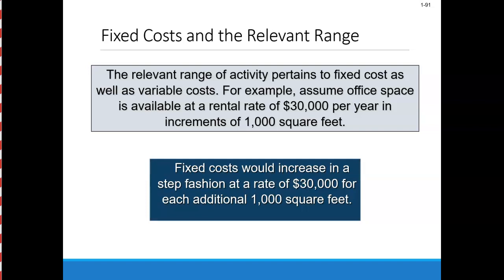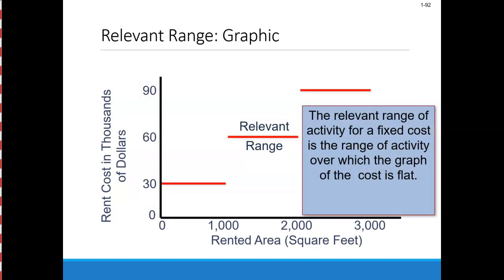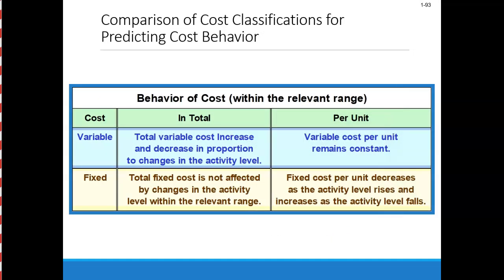Does that make sense? The relevant range of activity for a fixed cost is the range of activity over which the graph of the cost is flat. So if all they need is 1,000 square feet, here's the fixed cost. If all of a sudden it bumps up to 2,000 square feet, well, the fixed cost is going to just bump up along with it. Okay? So that's what we mean when we talk about a relevant range.